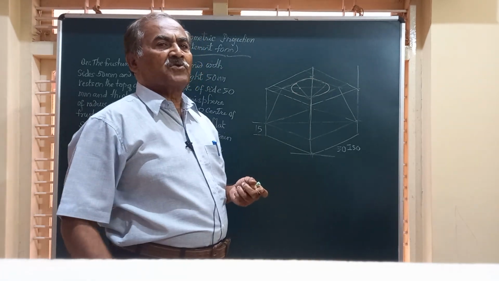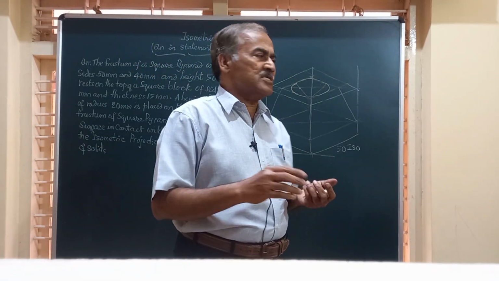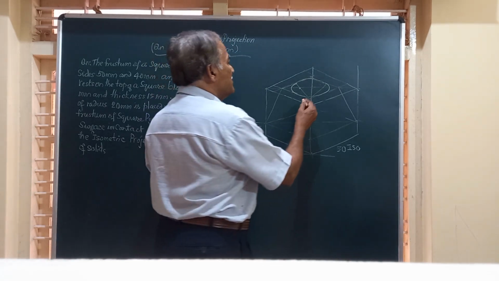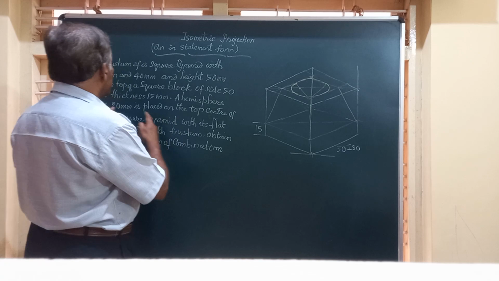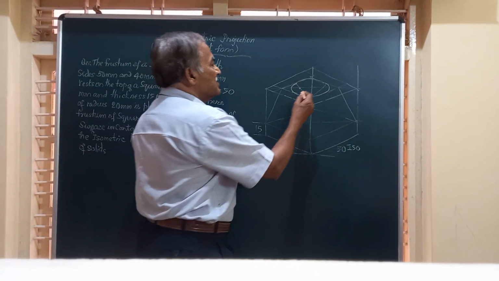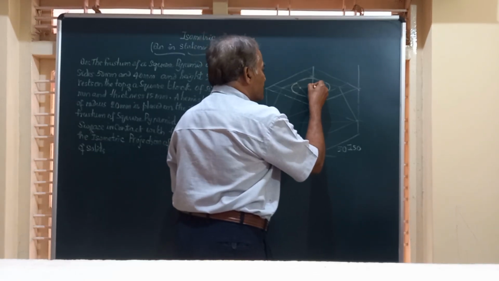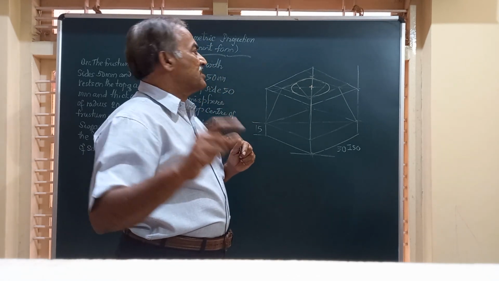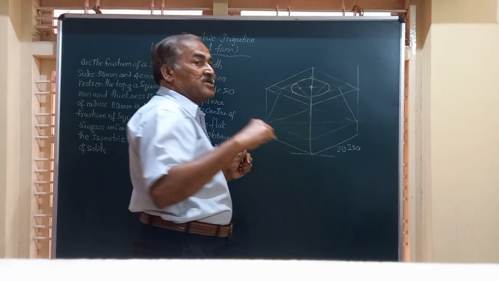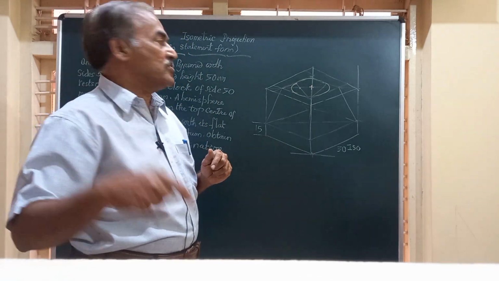Now friends, for all the isometric projections, now we have this isometric height. The radius of that is 20 mm. So from the center of this ellipse, from here, I am going to take the actual radius, that is 20 mm.